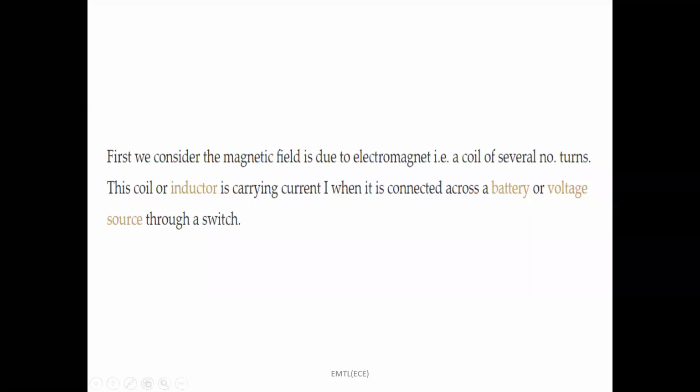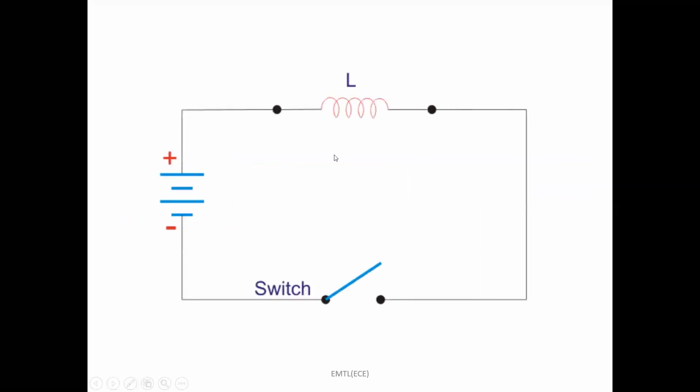Now let us see a circuit. This symbol indicates an inductor consisting of N number of turns. This is a battery. Now the switch is off.